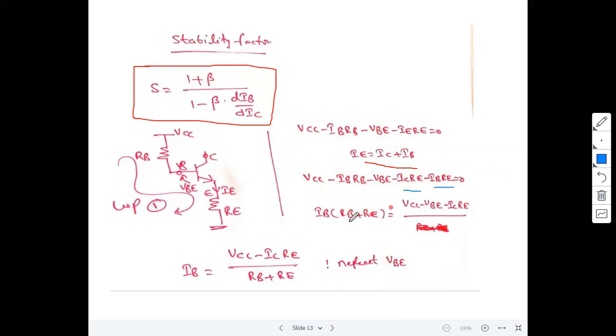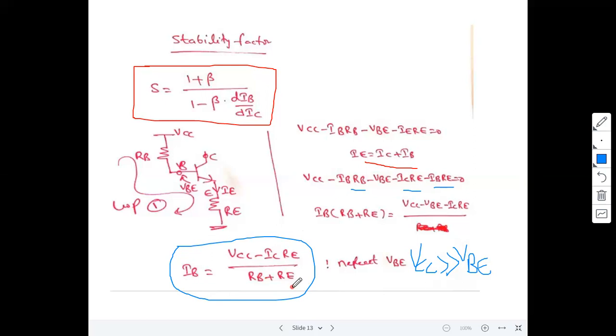Now take IB common: IB (RB + RE) is equal to VCC − VBE − IC RE. Neglect VBE because VBE is small compared to VCC, so VCC is very much greater than VBE. Then this is the current expression: IB is equal to (VCC − IC RE) / (RB + RE).